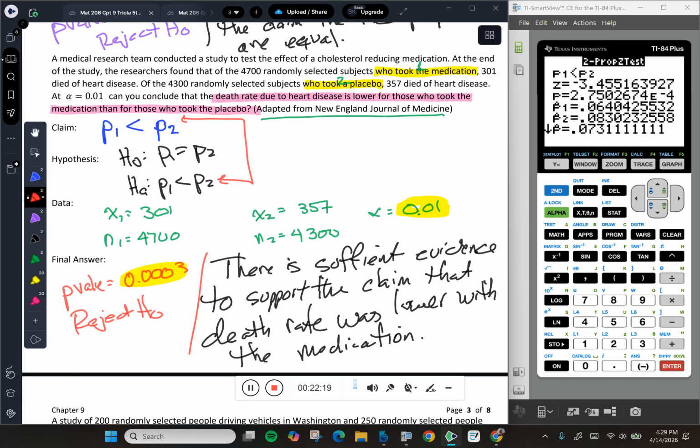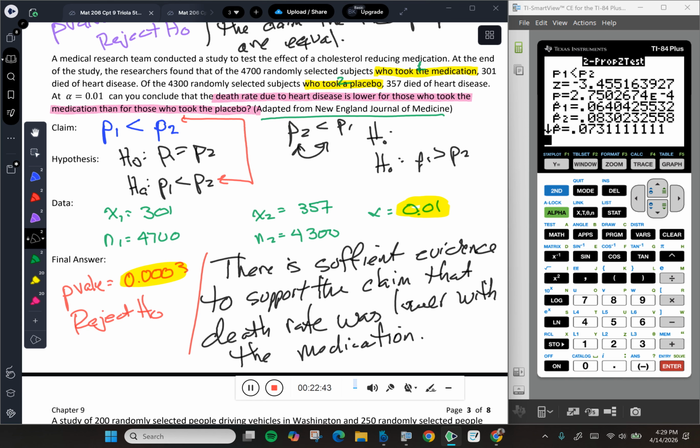What if they had said P2 was P1 and P1 was P2? Really quickly, your claim would be that P2 is less than P1. Your hypotheses would be that P1 is greater than P2. For whatever reason, we always write it 1, 2, so you'd have to flip the direction of this.